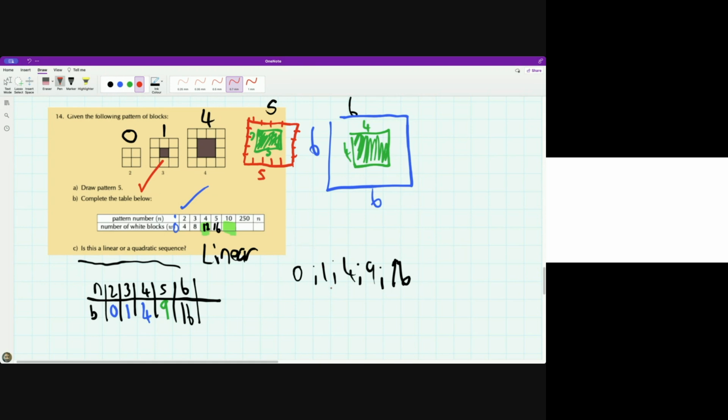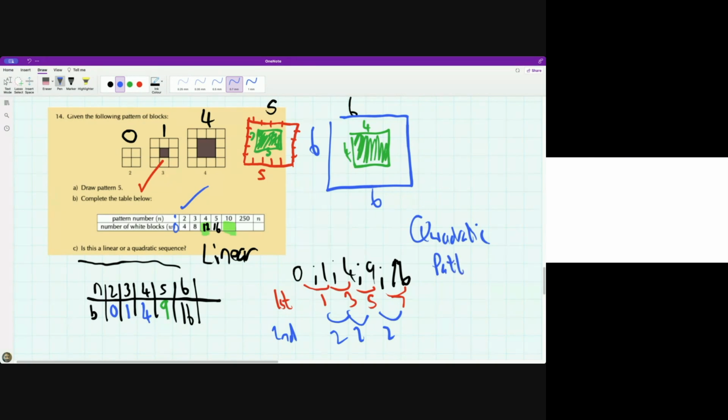It can't really be linear, because if I look at the first differences, they seem to be not the same. So the first differences look like that, but the second differences look like this. And when the second differences are constant, we know it must be a quadratic pattern.